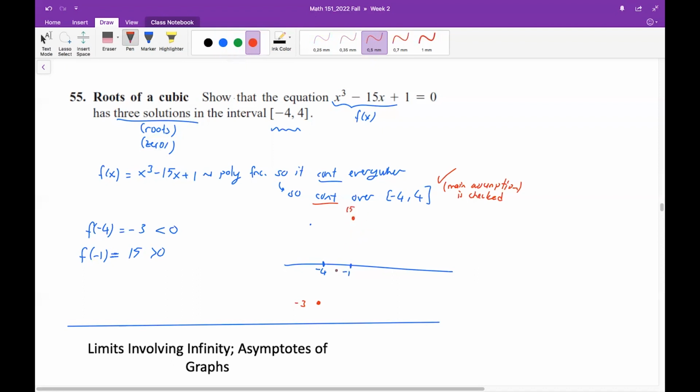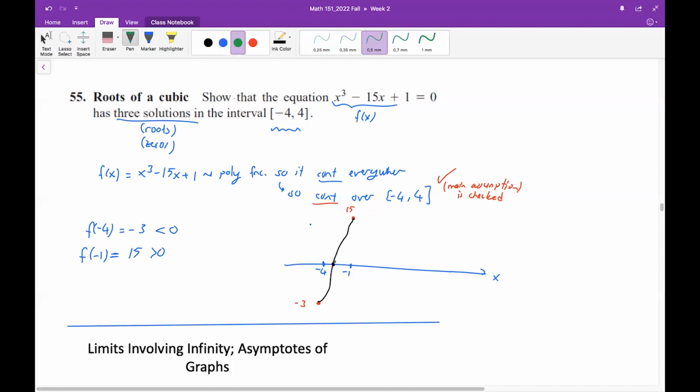Now, what happens between these 2 points? I have to connect these 2 points by a continuous graph, like this. Here, this is my x-axis, by the way. To connect -3 and 15, which are the images of your function, and you already proved that your function is continuous, with a continuous connected graph, you have to cross the x-axis at some point here.